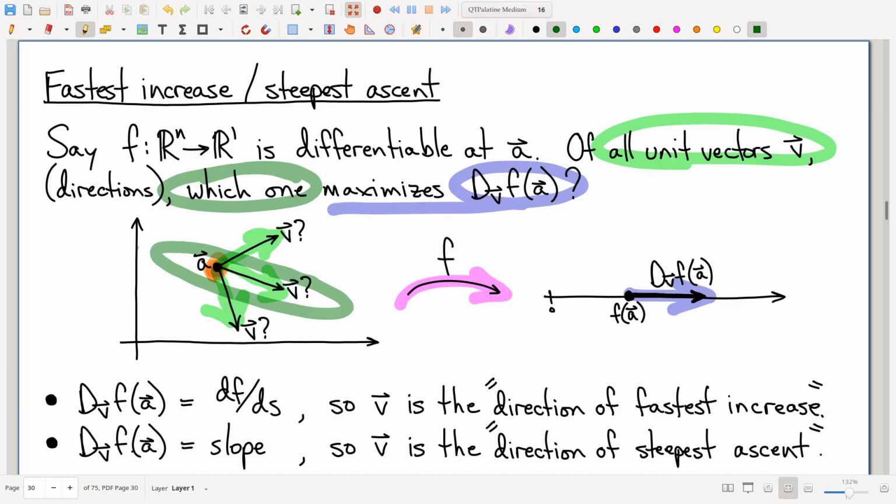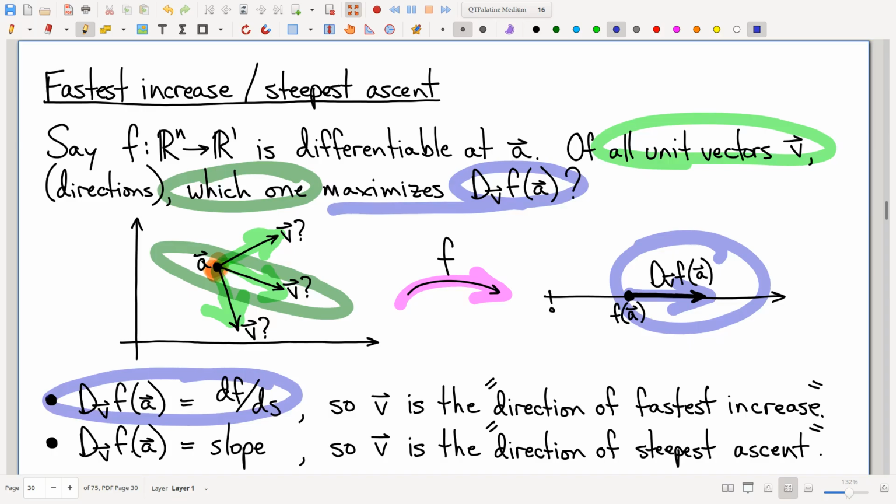Now, before we get into the answer, let's talk about a little terminology. How do I describe this answer that we're looking for? There are a couple different ways to do it. First of all, the directional derivative that we're trying to maximize represents how fast the function is changing.